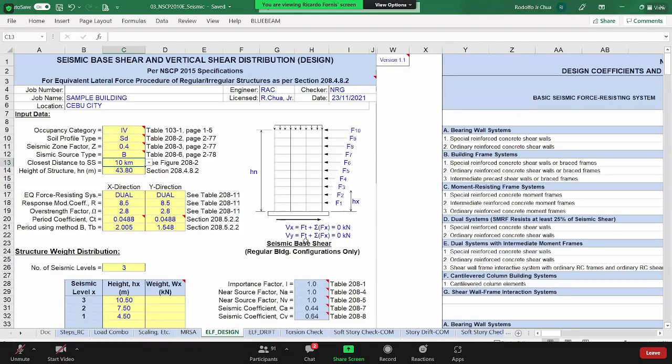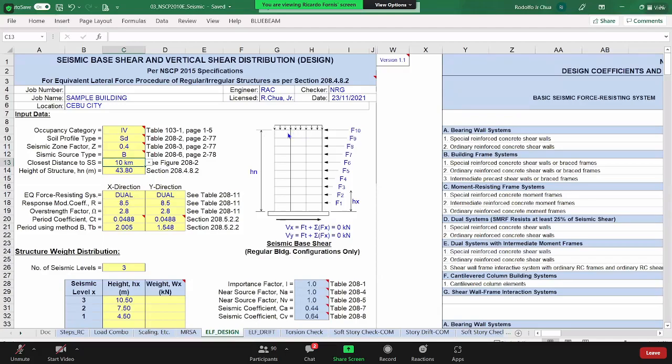So I said idealized because the actual seismic load is not actually a force, but it's an imaginary force that we consider. Assuming the building will displace laterally, the topmost floor of the building will have the largest displacement.